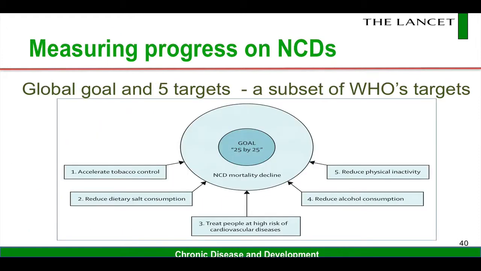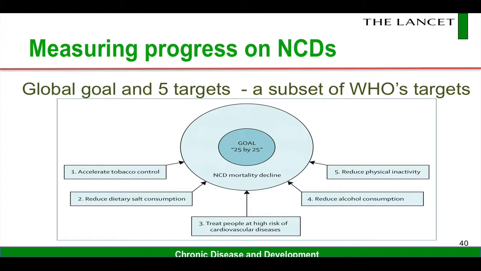In his paper, Robert is proposing one global goal and five targets as an alternative view to WHO's nine targets and, what did I say, 25 indicators. Robert is very strongly saying this is way too much, too complicated, too onerous to get a global agreement and global progress.